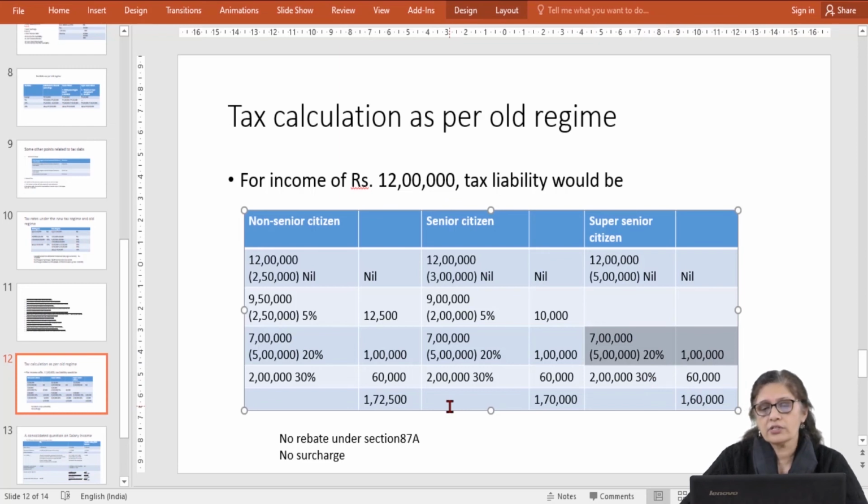So you see the difference. Tax liability goes down with age, 60 onwards. For a non-senior citizen, for an income of 12 lakhs, tax liability is 1,72,500. For a senior citizen, it is 1,70,000, and for a super senior citizen, it is 1,60,000.